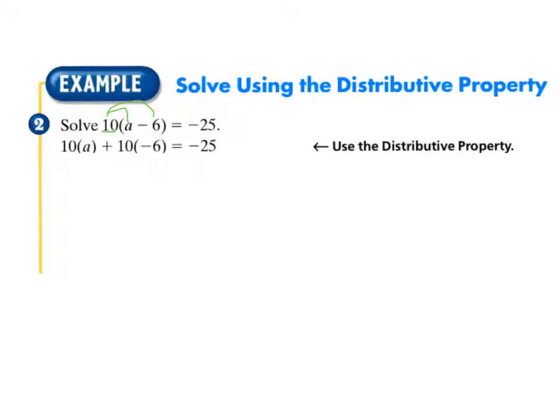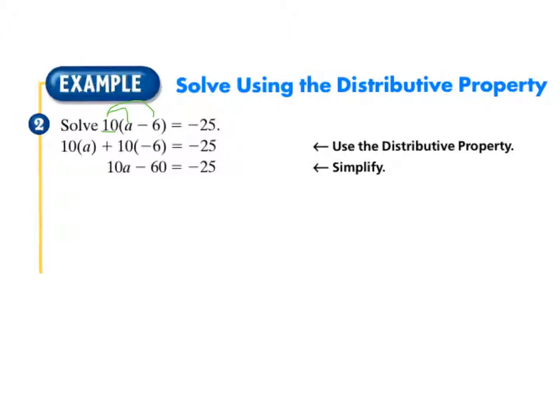So I have 10 times a plus 10 times negative 6 equals negative 25, using the distributive property. Then I'm going to do any math that I can. 10 times a gives me 10a, and positive 10 times negative 6 gets me negative 60, and my negative 25 stays the same because I haven't done anything with it yet. So now we simply have a two-step equation.